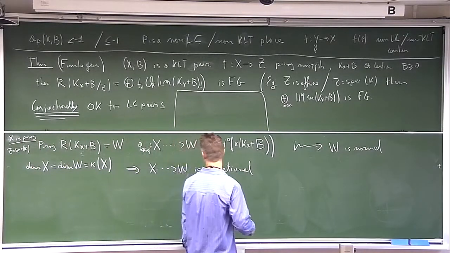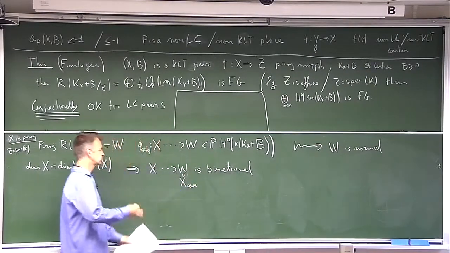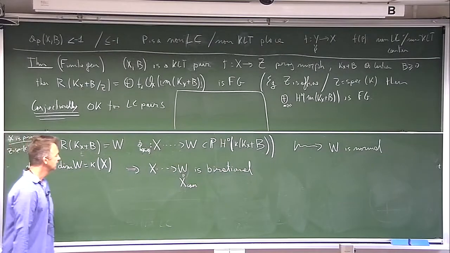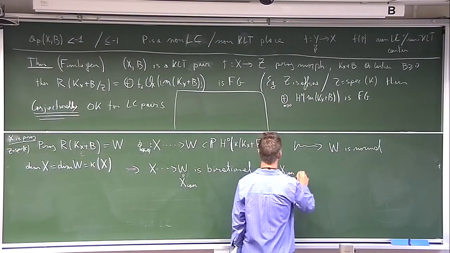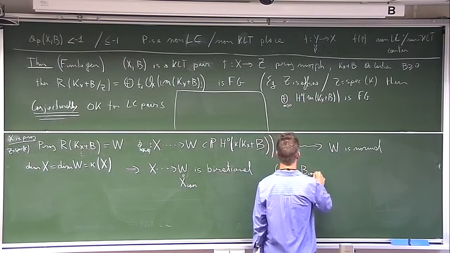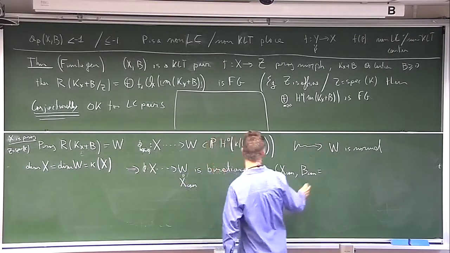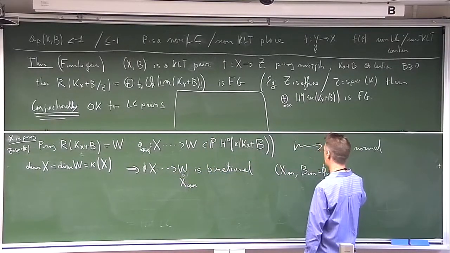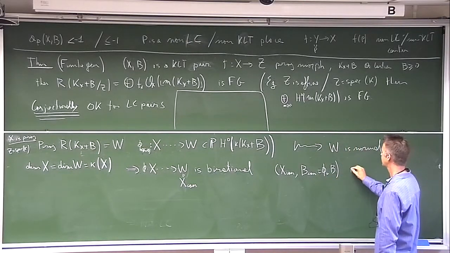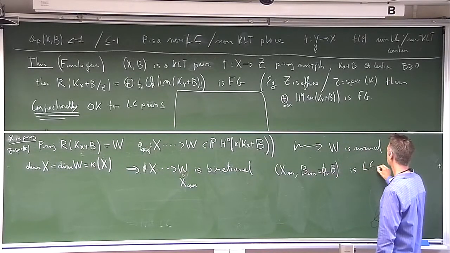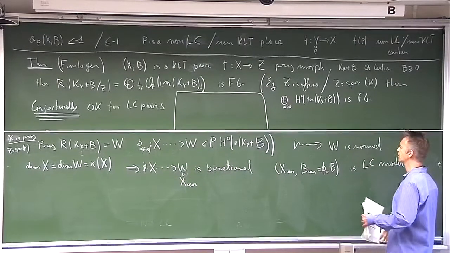And so in this case, maybe I can call this X_can, the canonical model of X. And then I have a new pair, X_can and the corresponding divisor, which is just obtained, if this map is phi, by pushing forward this divisor B. Then this gadget here is actually a log canonical model. So what does log canonical model mean?